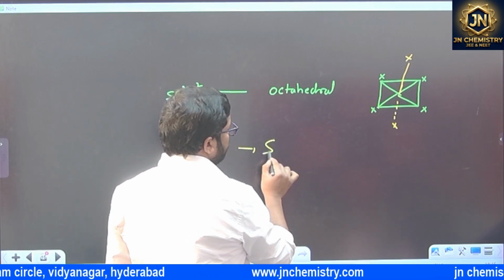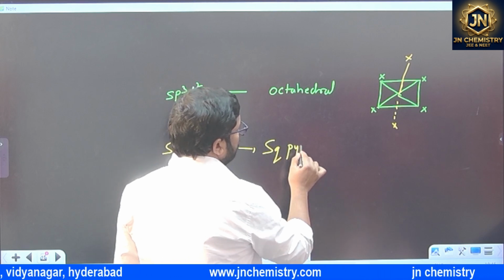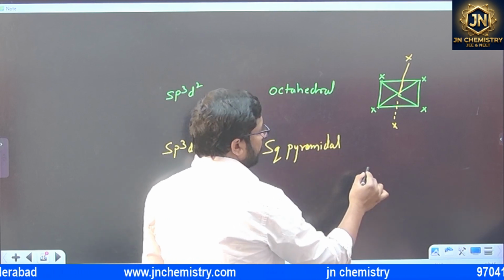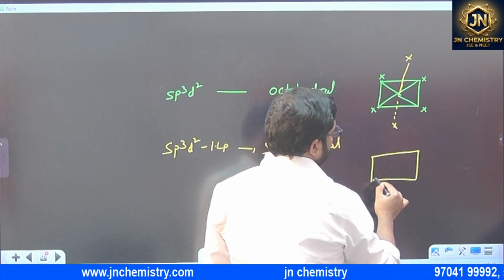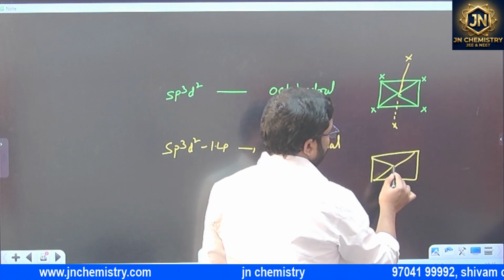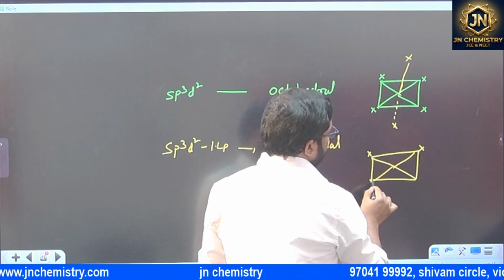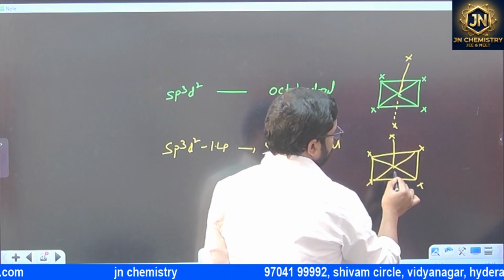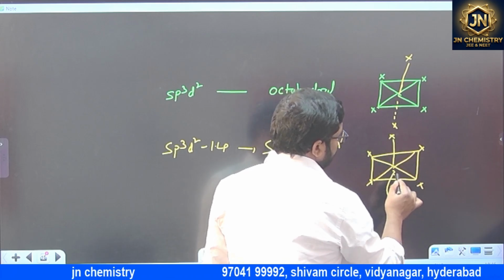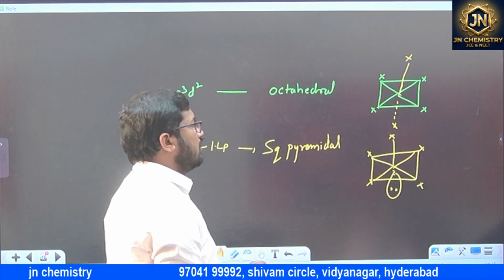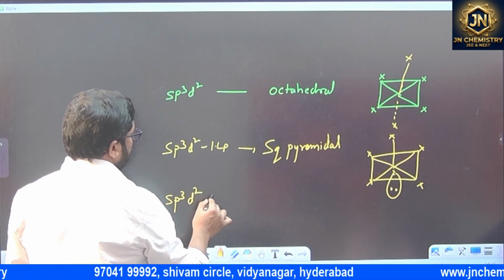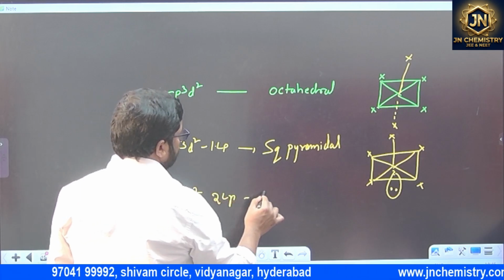If sp3d2 with one lone pair, right? Square pyramidal. Square pyramidal. So the same model, with 1 removed, so the down one can take the lone pair. sp3d2 with two lone pairs.